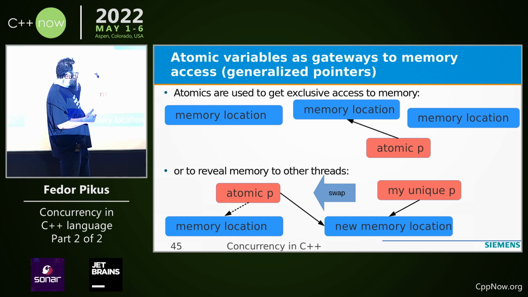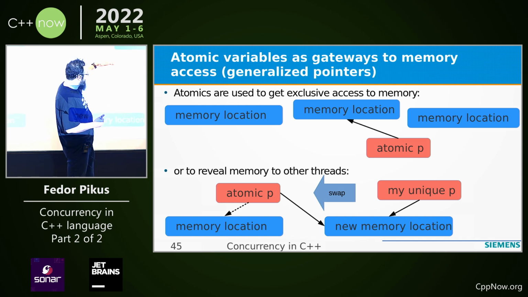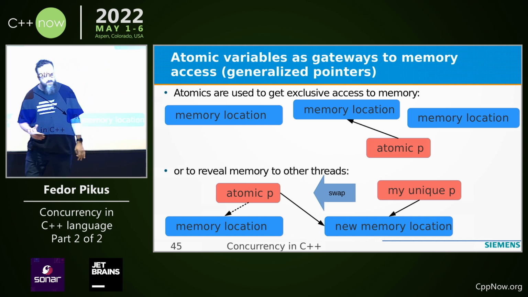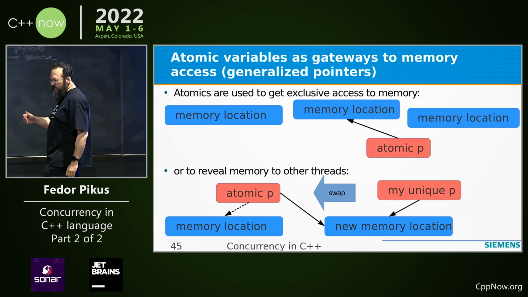The other thread reads the pointer with an acquire barrier, guaranteeing that everything it does after acquisition sees the state of the memory at least how it was when the atomic pointer changed. It could see more, but it can't not see those updates that happened before. So these are half barriers.